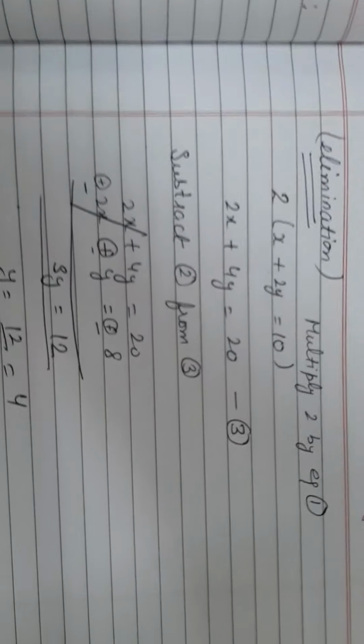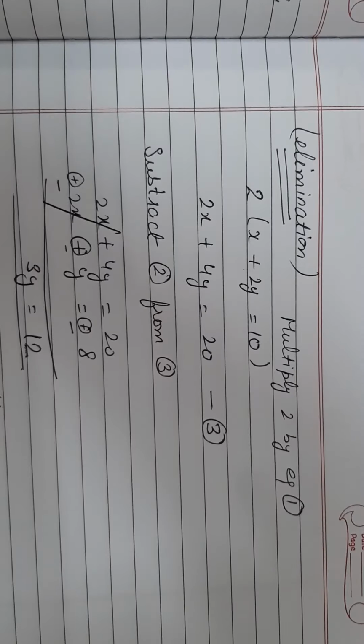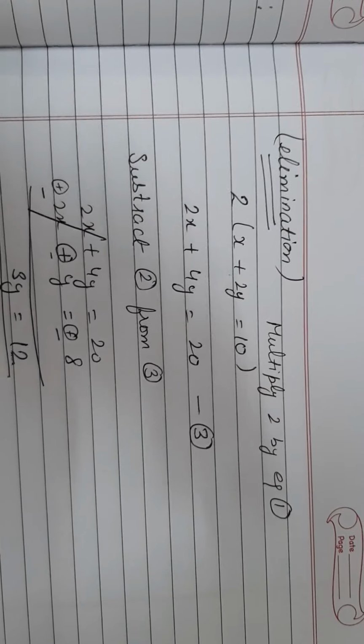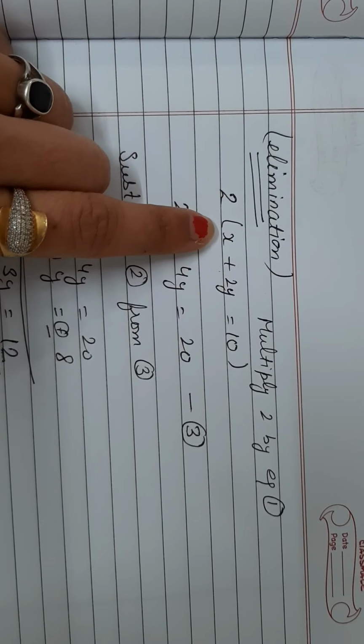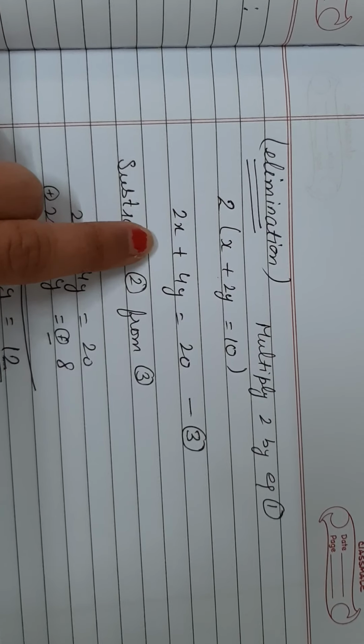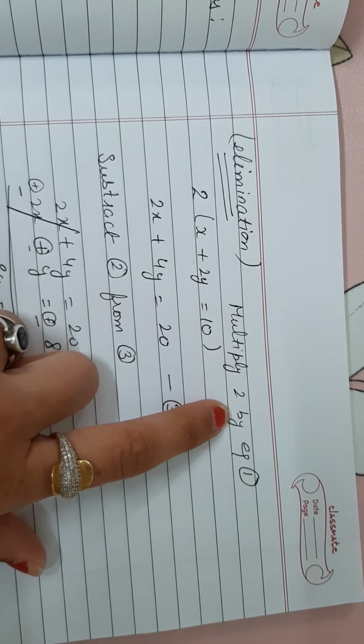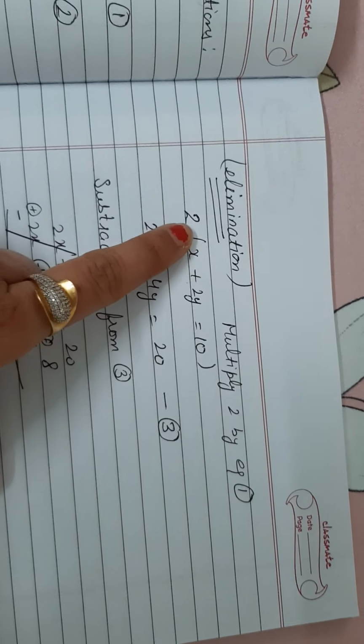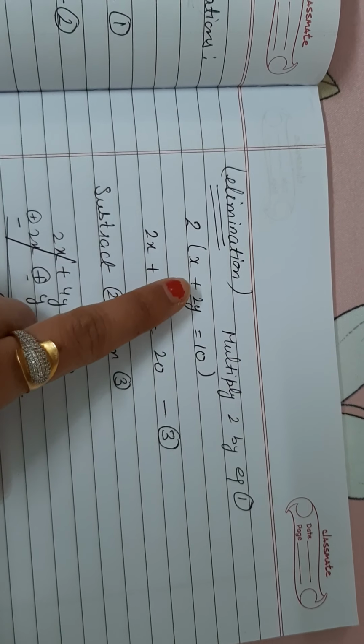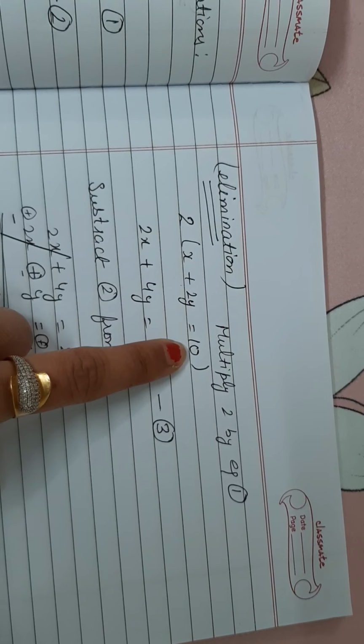I am going to use the elimination method here. This is x, this is 2x. I have multiplied equation 1 by 2. So this is 2x, this will be 4y, and this will be 20.